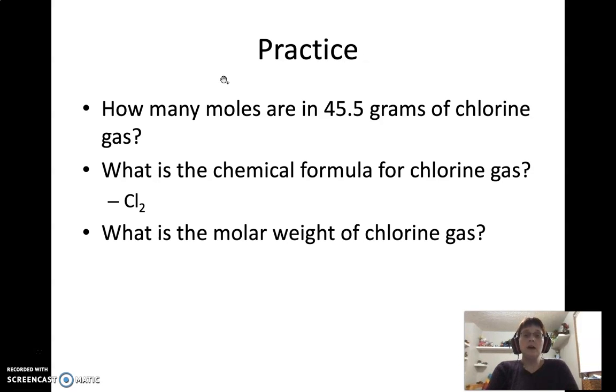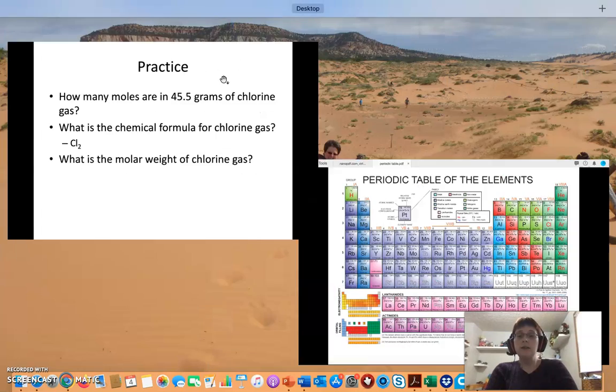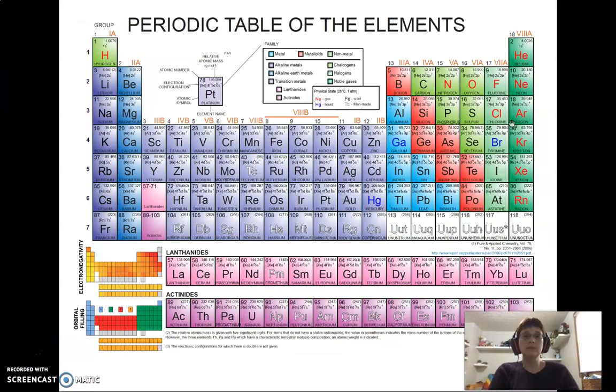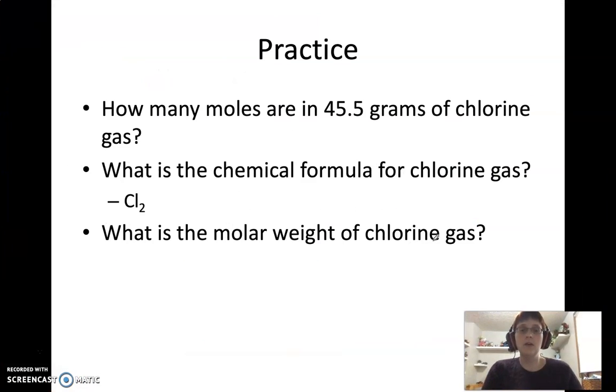Then we need to figure out the molar mass of chlorine gas. If we look at the periodic table, chlorine is 35.453.